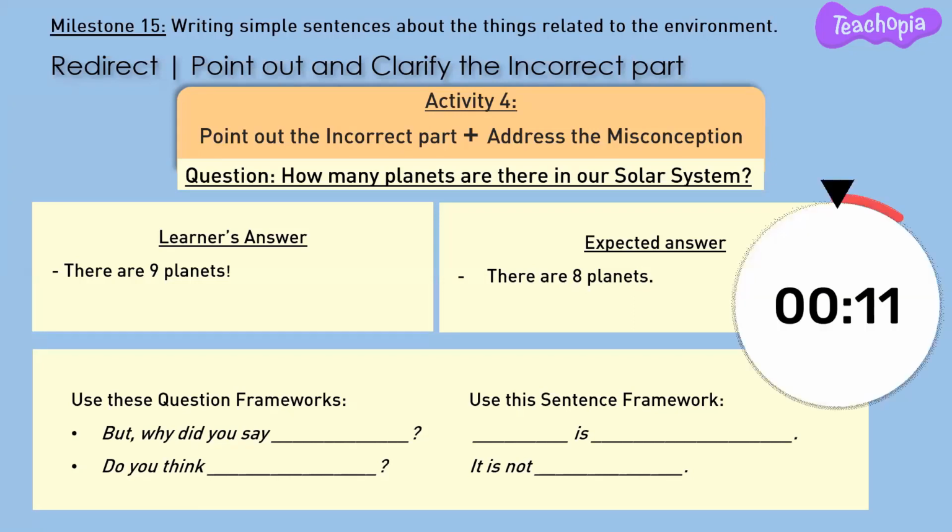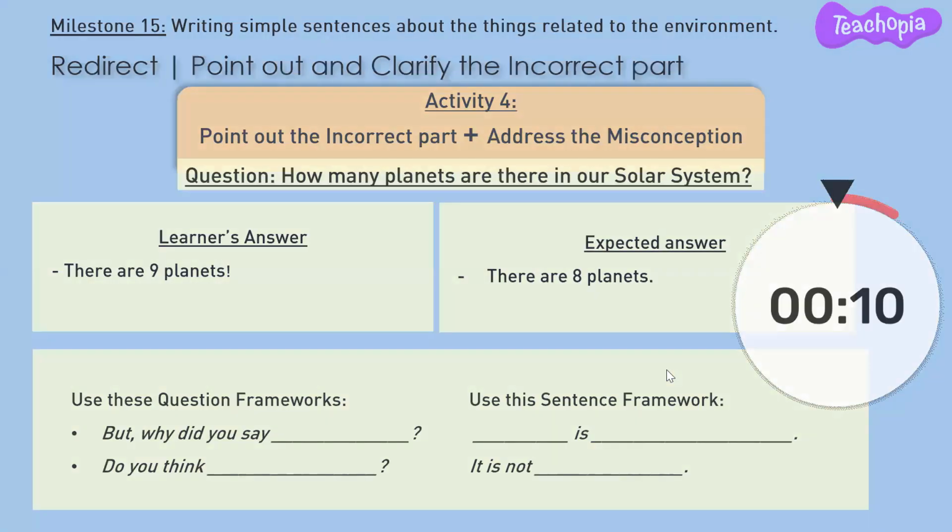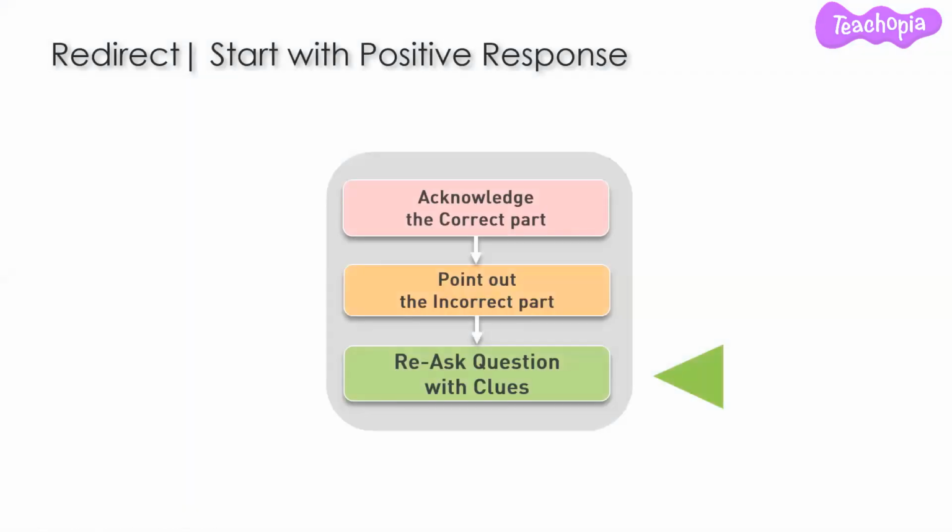So now coming to the last step of how to redirect the students towards the correct answer when they give us an incorrect answer. The last step is to re-ask the question with clues. This is something that you all have been suggesting right from the beginning, and we completely agree, as this is a wonderful strategy to redirect the students.